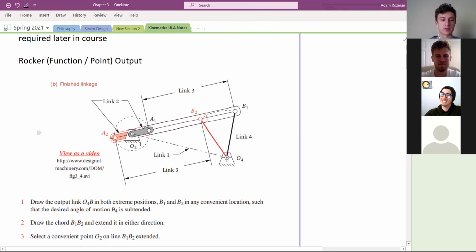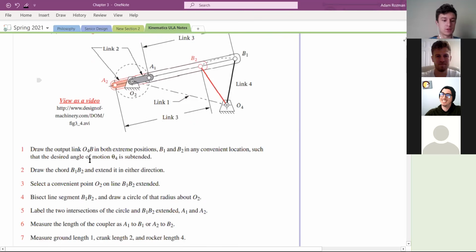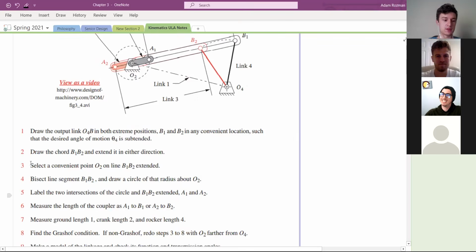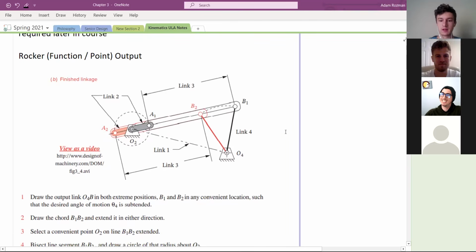I'll say it again: the crank just means it can make a full circle, and the rocker means it's just rocking back and forth. It's never going to make a full rotation, no matter how many times you spin this thing around. You should have done at least one question like this so far.